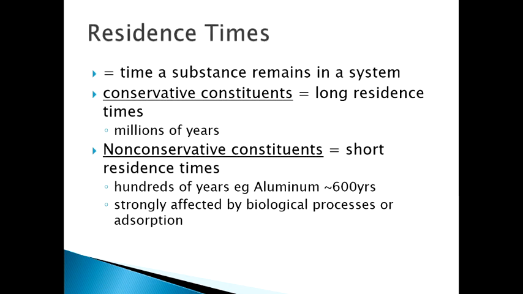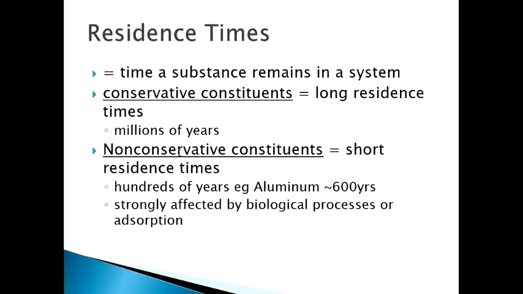This leads us to this whole notion of residence time. We can talk about residence time, how long a substance remains in a system. And we measure this in geological terms in millions of years. And we have conservative constituents. These are things that once they are in the ocean, they are there for long periods of time.